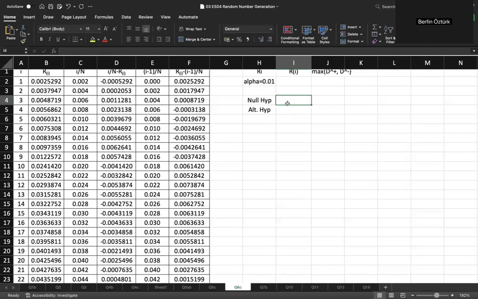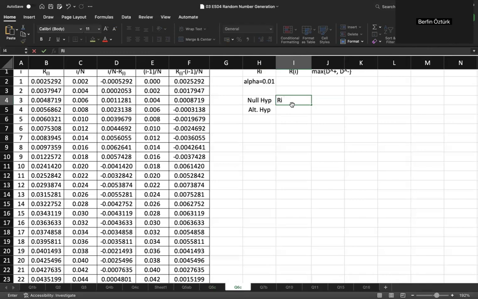So, okay, we can write like this, R_i. I couldn't find the sign, so, okay.